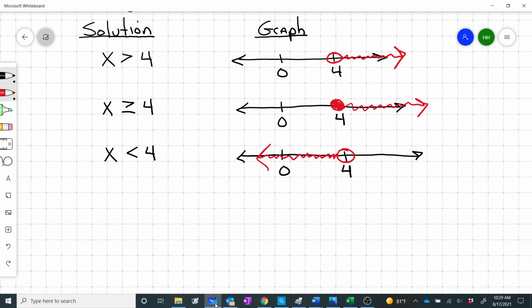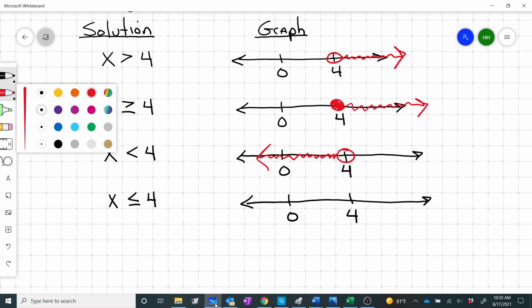And then finally we got x being less than or equal to 4. Same number line. 0 and our number, or our solution, in relation to 0. Greater than or equal to is closed, and so is less than or equal to. So go ahead and graph x is less than or equal to 4.